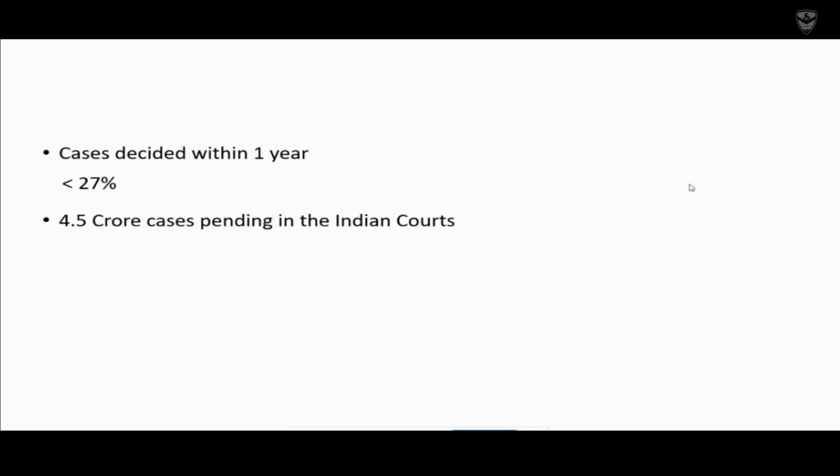Apparently, only 27% of the cases are disposed of within 1 year. And as of July 2001, there were almost 4.5 crore court cases pending in the Indian courts. The delay in the resolution of the dispute will surely have some financial or emotional impact on the parties.